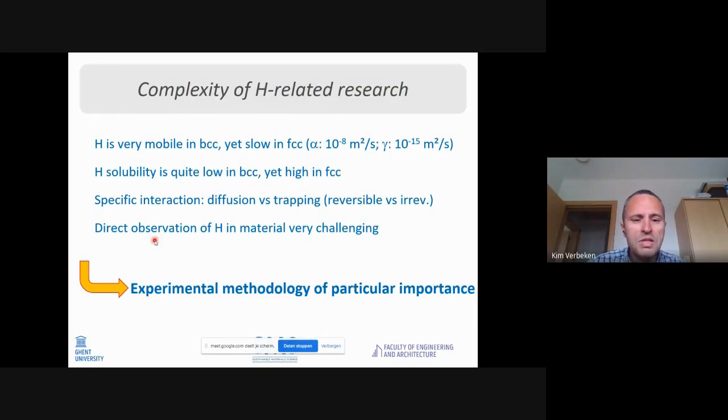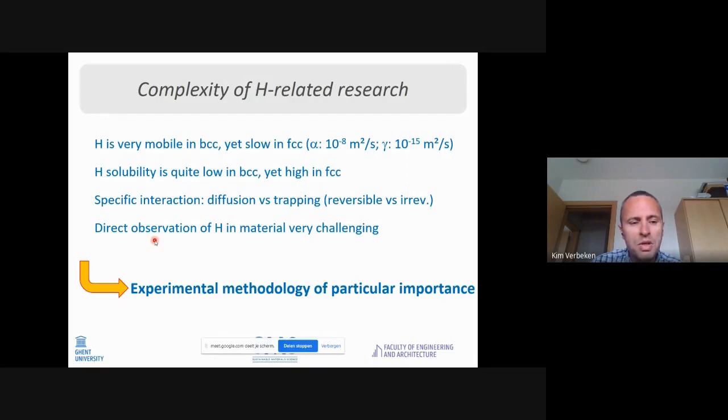Then another thing: it's very difficult to have a direct observation of hydrogen in your materials. Nowadays, you have some very nice examples of atom probe tomography that show you some spots where hydrogen can be, but this is a very delicate experimental technique on a very small sample.